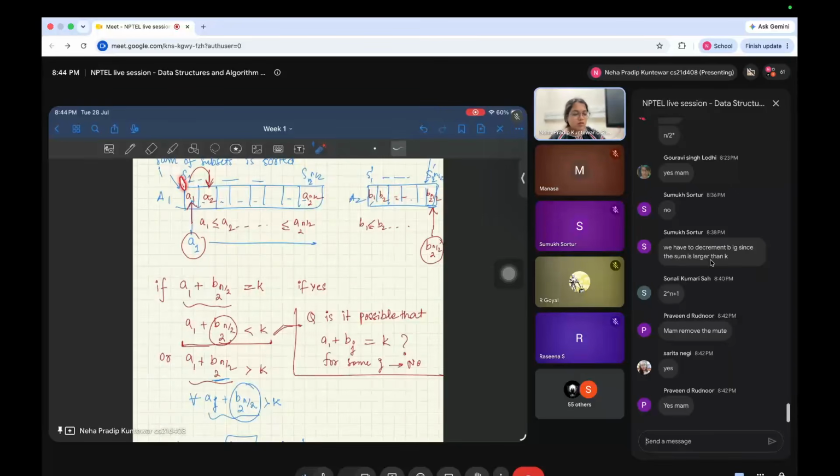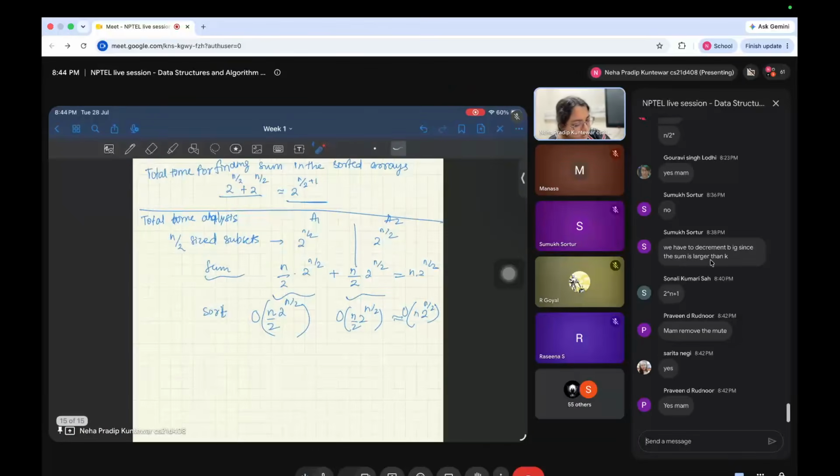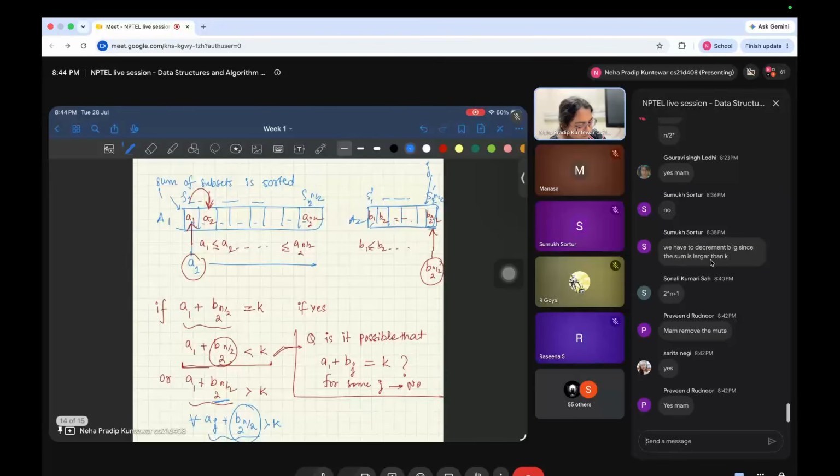You started your i counter here and the j counter here, and at every step you are either moving the ith counter or the jth counter. So altogether, I'll call this the sum check routine.